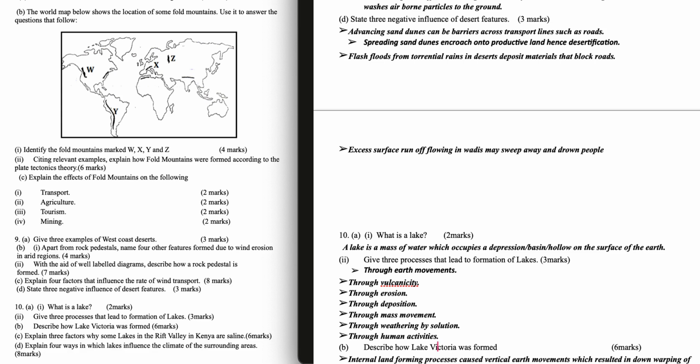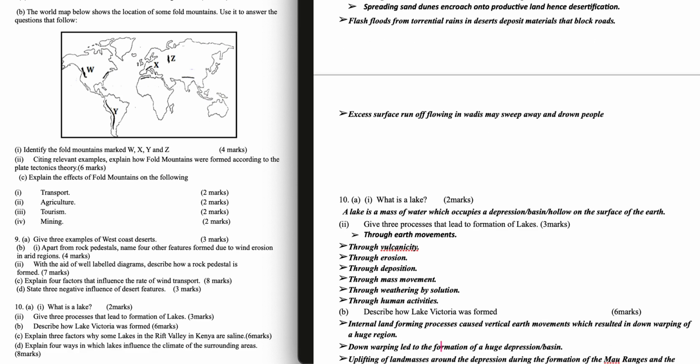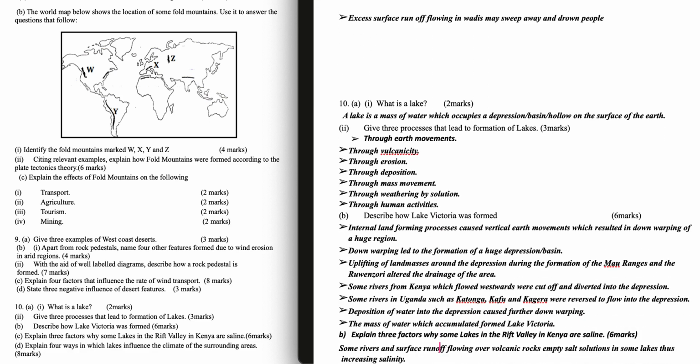Question 10b. Describe how Lake Victoria was formed. Internal land forming processes caused vertical earth movements, which resulted in downwarping of a huge region.